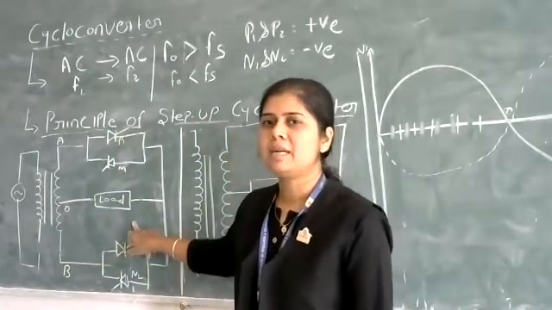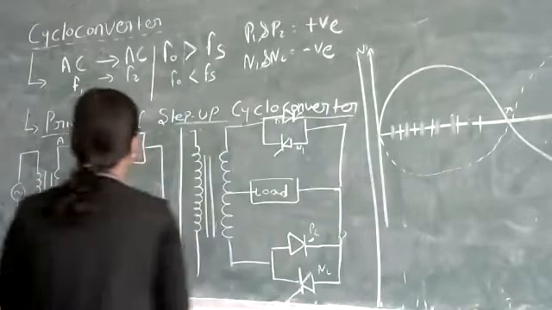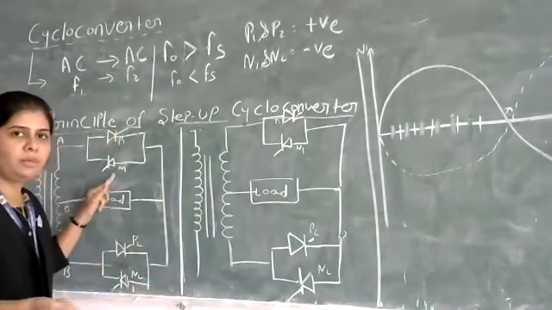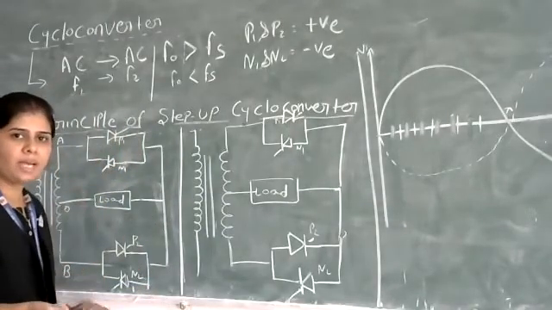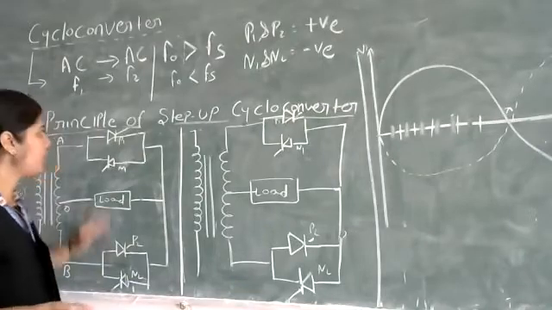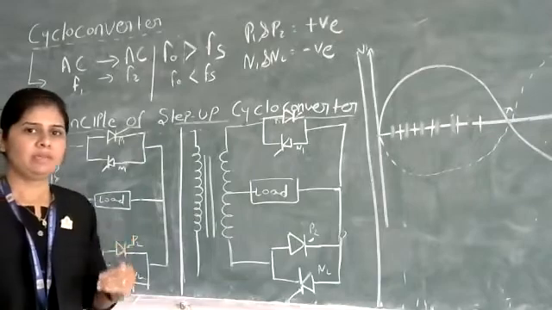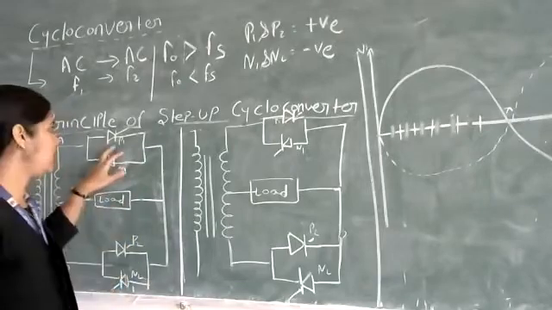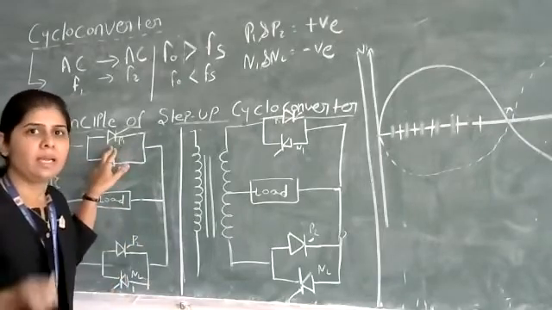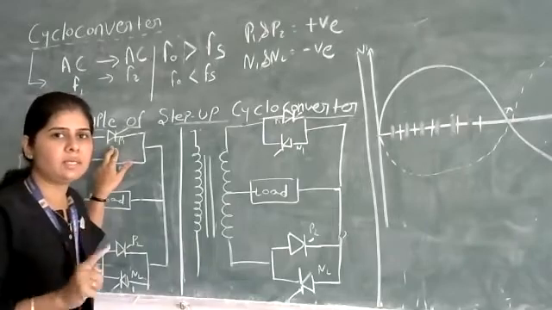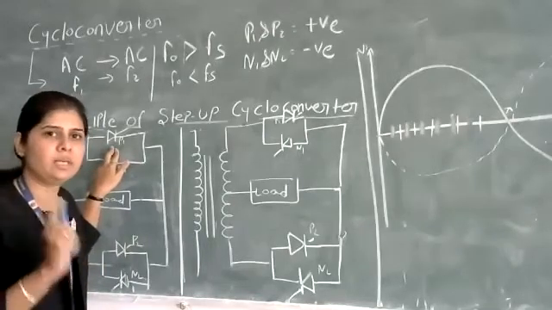Now let me start its working. Firstly, we start the triggering of the thyristors from P1. At the first time, we trigger the positive group thyristor P1.